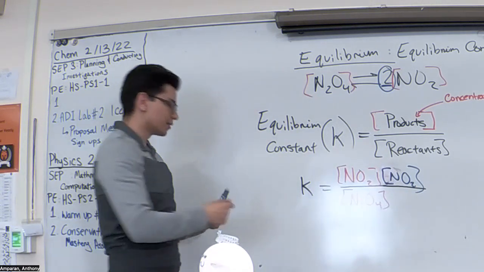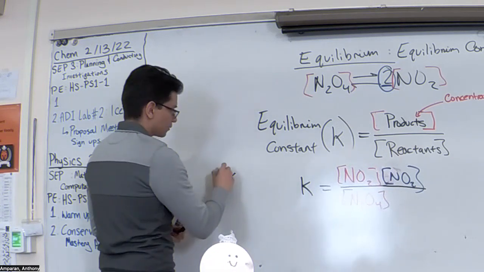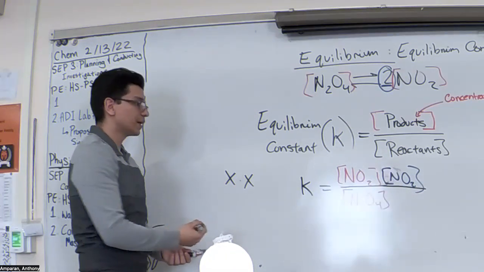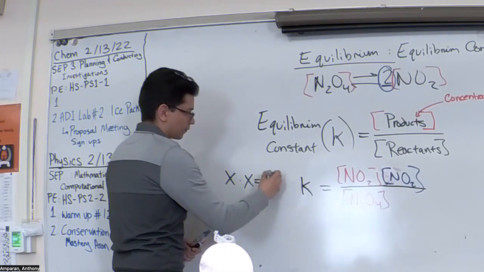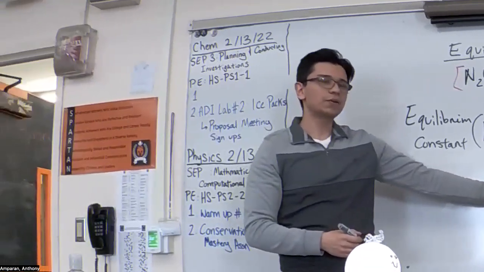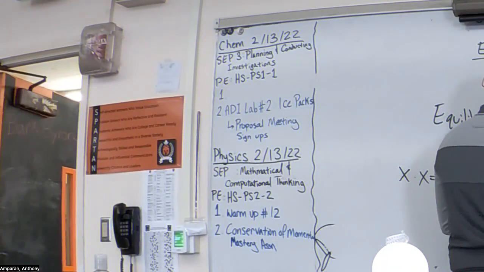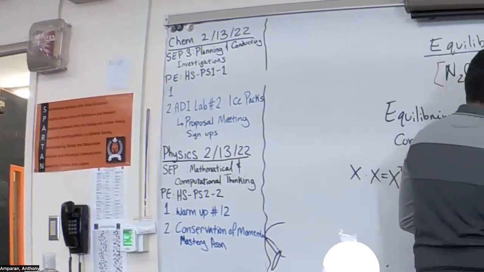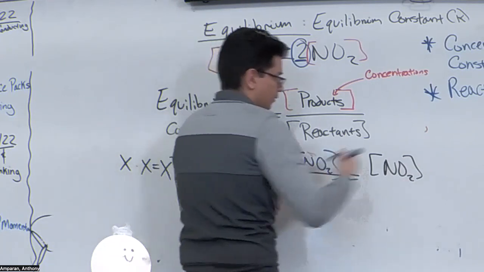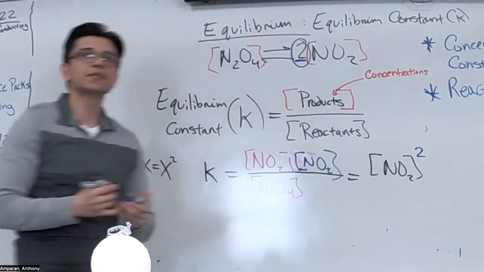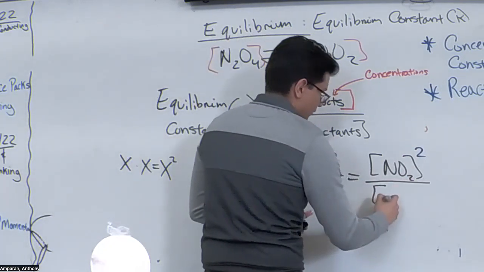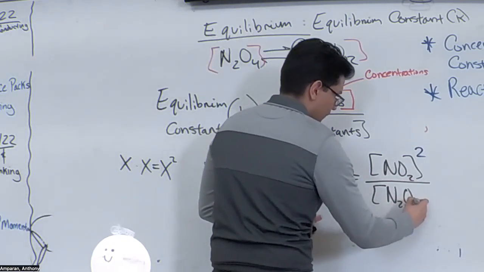And what you notice, if you think back a little bit to math, is if I have 2 x variables and I multiply them together, I can just simplify that as x squared. So I want to do the same thing here. I'm going to simplify that. That 2, I'm just going to square that, still divided by N2O4.